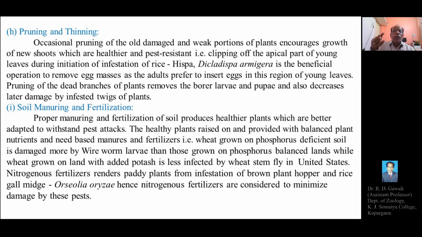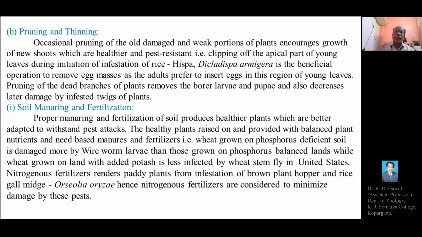So this is a beneficial operation. Pruning and thinning is a beneficial operation to remove egg masses, as the adults prefer to lay eggs or insert eggs in this region of the young leaves. So periodical removal of undesired weak or old damaged branches from the crop plant is suitable for proper maintenance of the crop plant.